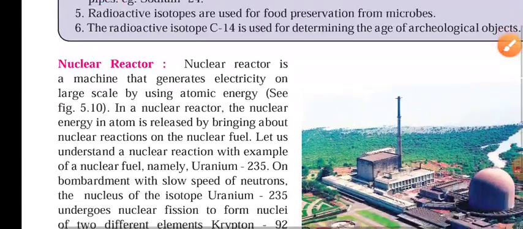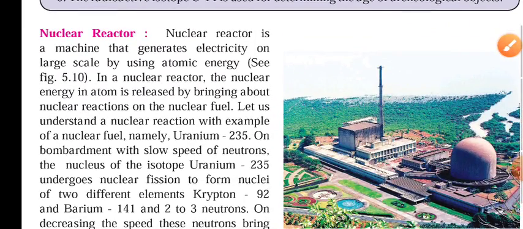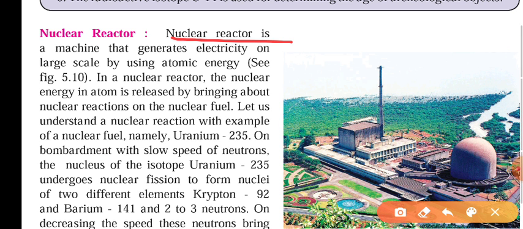Next, we have to study the nuclear reactor. Nuclear reactors are machines which generate electricity with the help of nuclear or radioactive materials. Over here they have mentioned a nuclear reactor is a machine that generates electricity on a large scale by using atomic energy.